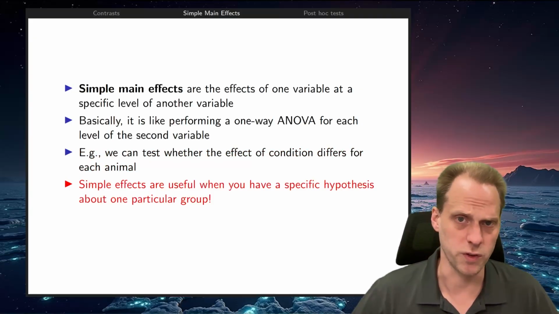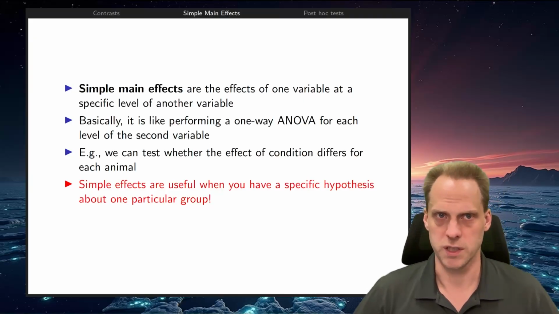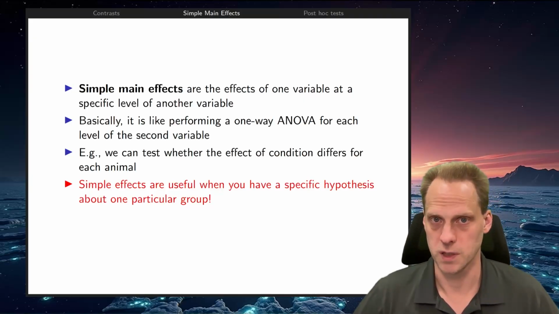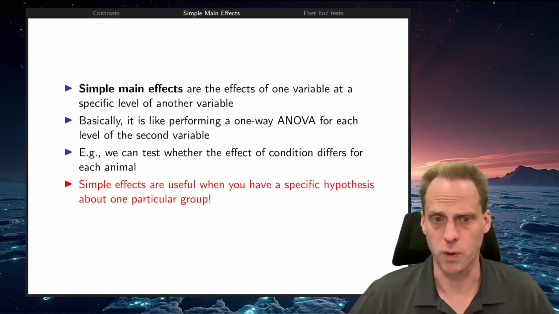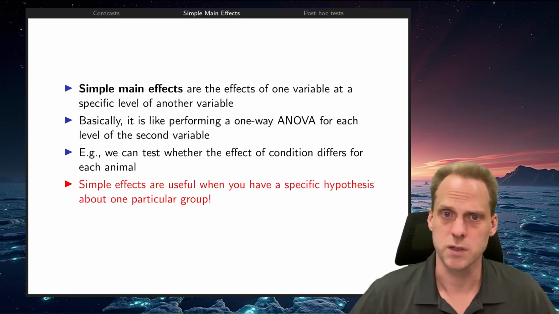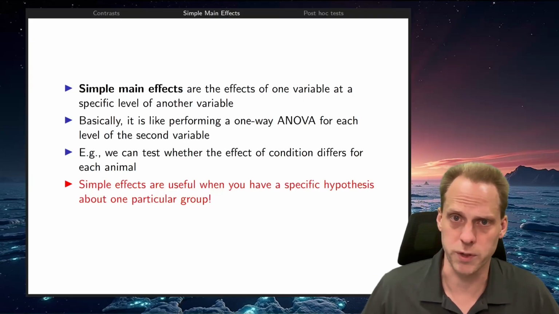Maybe there's only one group you're really interested in, and you have a follow-up hypothesis about that group. You want to see, is there actually a difference in this group? Now, it's a little bit different than cutting out the other groups and doing a one-way ANOVA. We do have the other groups, which help for the standard error estimate. So you get a bit of a more precise estimate. So it's not exactly the same as a one-way ANOVA for each level, but it's comparable to that.